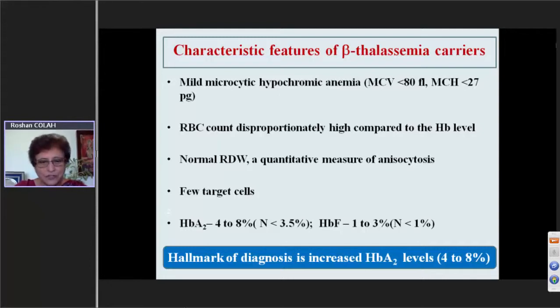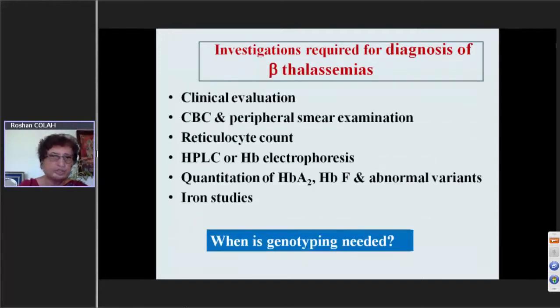Different labs take different cutoffs for normal, but now it is more or less accepted that 3.5 should be taken. Earlier, 3.8 or 4% were taken, but many cases were missed, so 3.5 is what is usually taken. And as I said, fetal varies from 1 to 3%. So the hallmark of diagnosis of beta thalassemia carriers is increased hemoglobin A2.